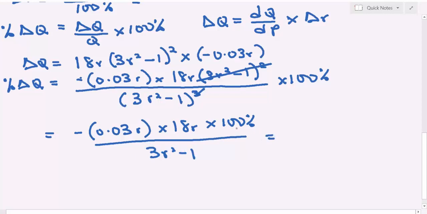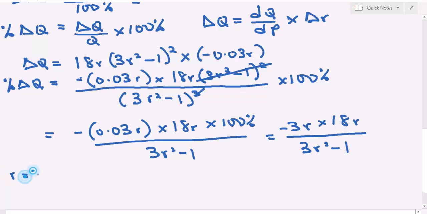This is the same thing as 100 times 0.03 will give us 3, minus 3R times 18R all over 3R squared minus 1. Recall that our R is equal to 2.